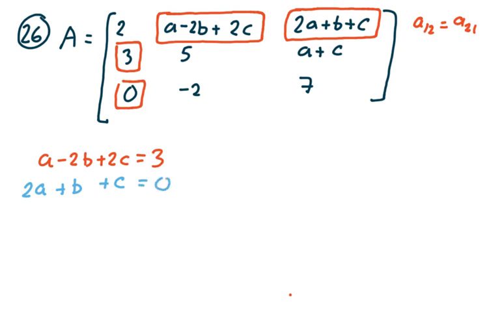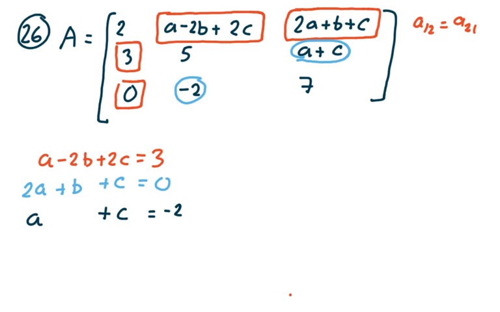Sorry for all the different colors. And the entry in the second row, third column has to be the same as the entry in the third row, second column. In other words, A plus C has to equal -2.